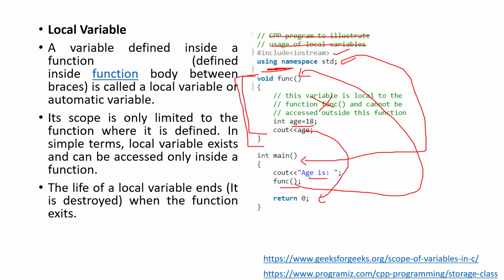So the output will be age is, and as there is no next line option, this value 18 comes directly on the same line. If there was a next line like backslash n or endl, then age is, and 18 would be on the second line. I think the flow of commands is clear.